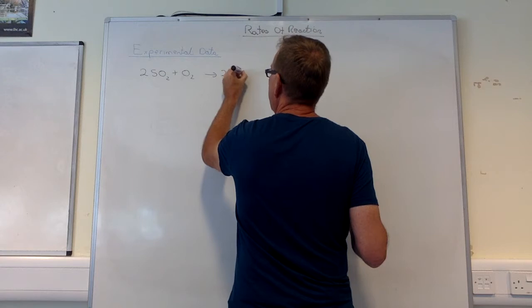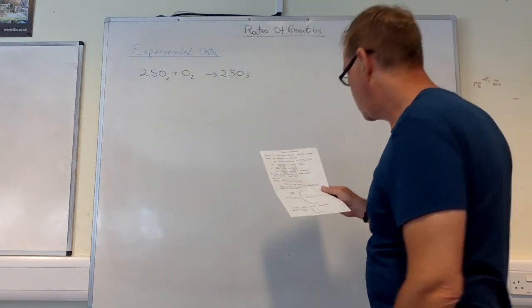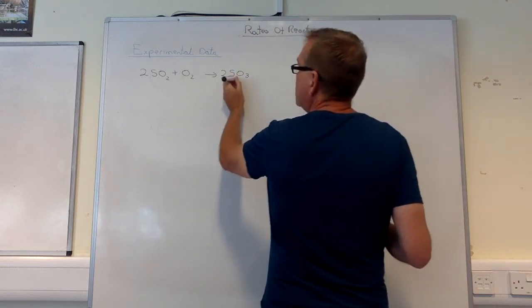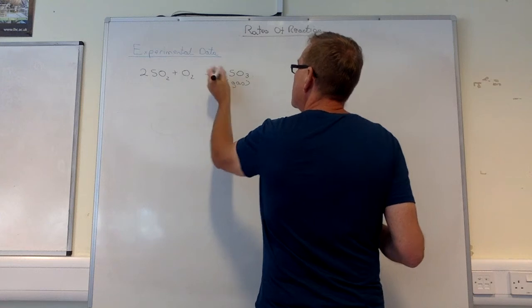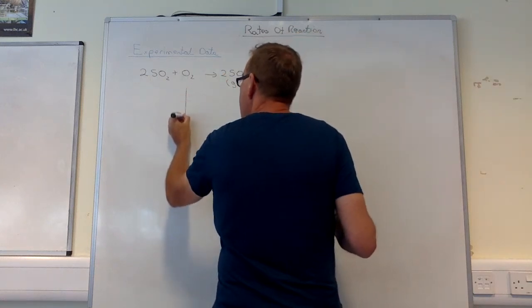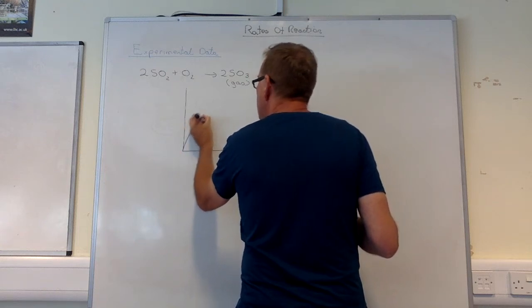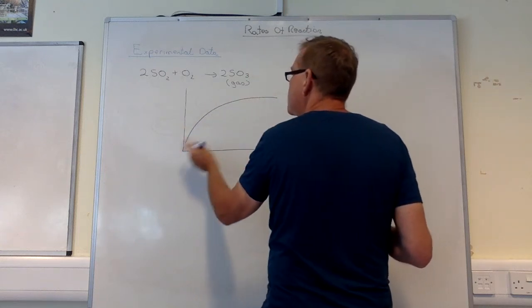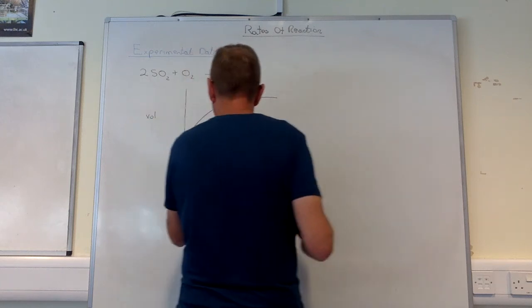Okay, that's a reaction, no problem. How can you monitor how fast that reaction is going? Sulfur trioxide is a gas, so a gas will be produced. So you can measure that gas and you can use the way that gas is being produced. So it could be volume against time.